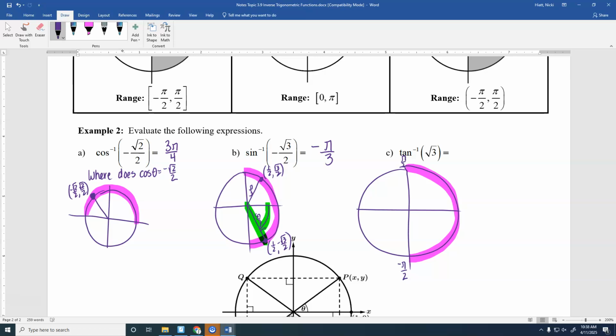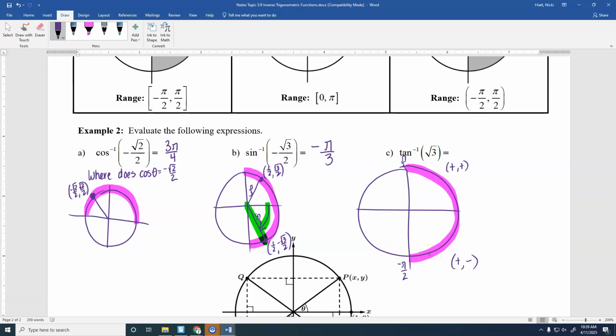I can tell if this is going to be in the first quadrant or the fourth quadrant, because I know up here both sine and cosine are positive. Down here, cosine is positive, but sine is negative. What's the sign of tangent going to be in that fourth quadrant? It's going to be negative, so it's not the answer, right? So I don't have to worry about those.